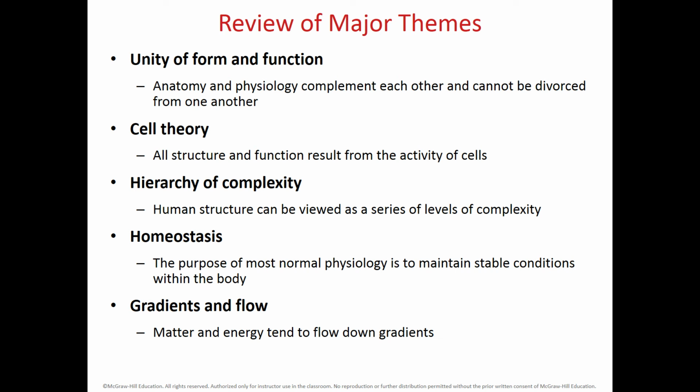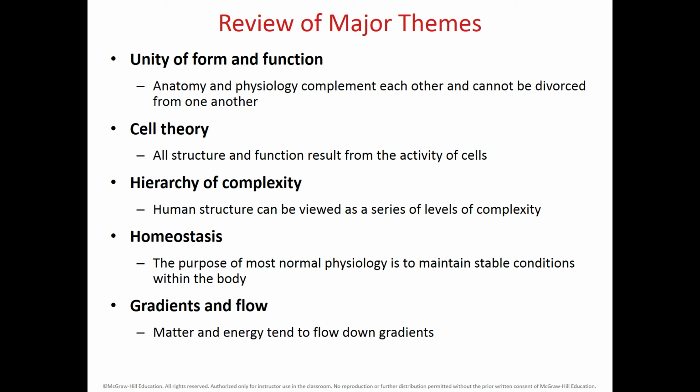And then within our body, we have a hierarchy of complexity, with the organism at the top level and atoms at the bottom level. If you have a problem even at the atomic level, the entire organism can have consequences.